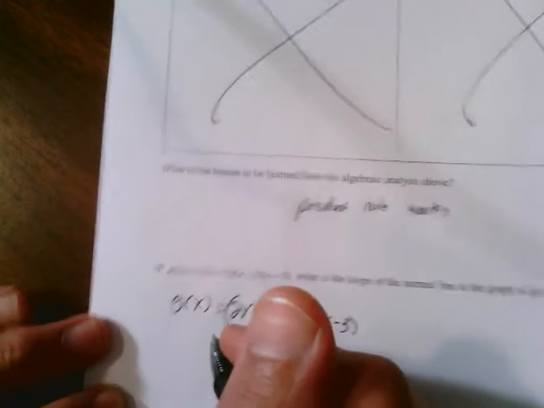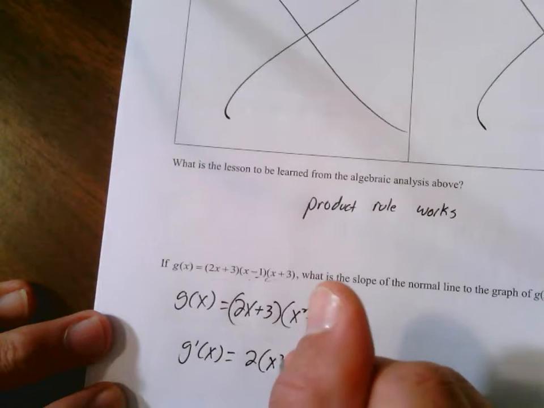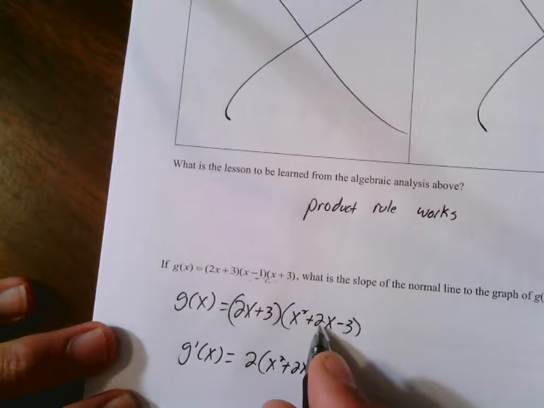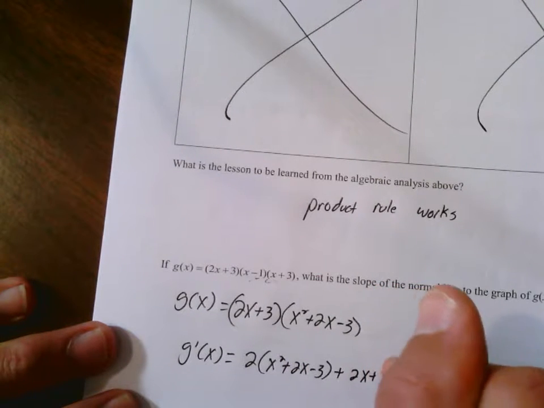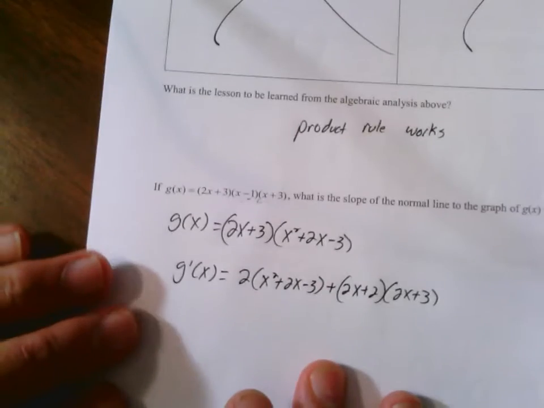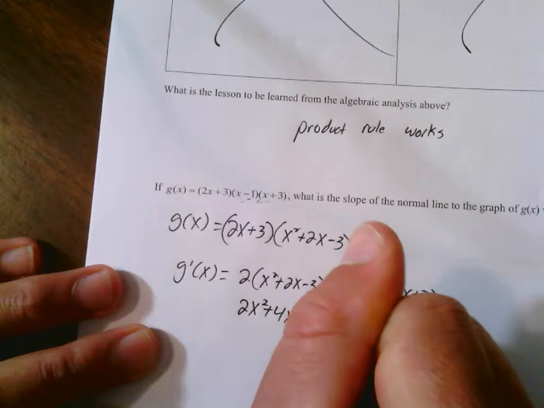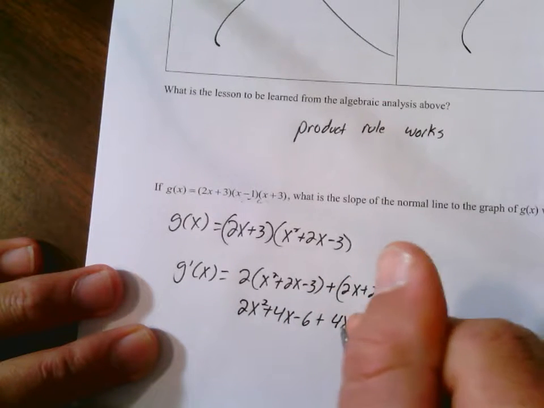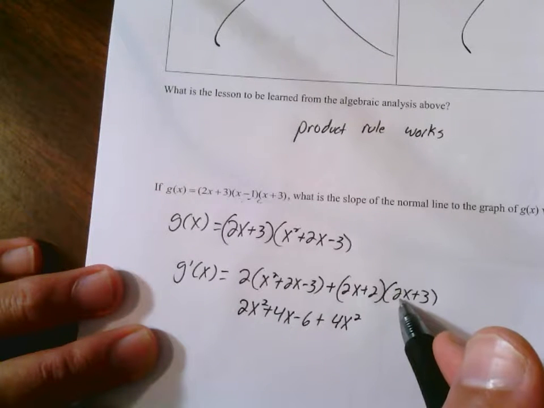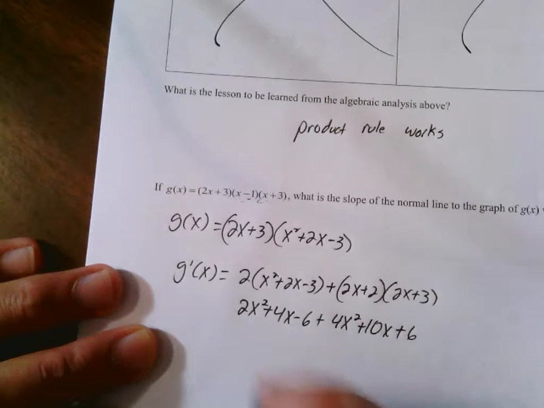So I take the derivative of this part, 2 times x squared plus 2x minus 3 plus 2x plus 2, 2x squared plus 4x minus 6. X squared, 4x and 6x is 10x plus 6.